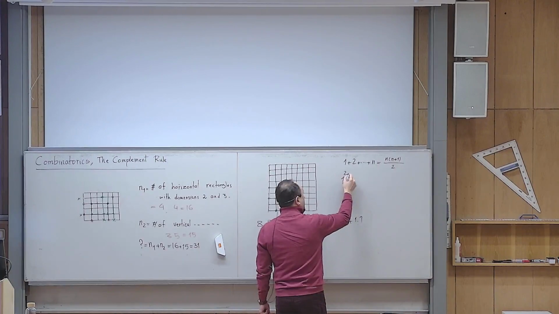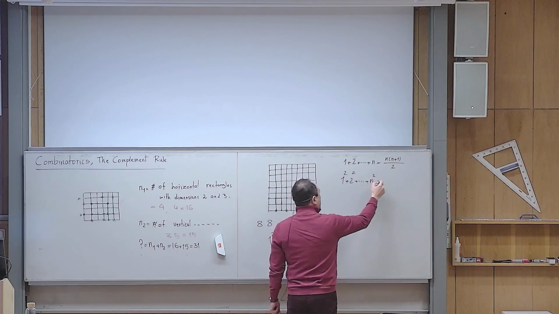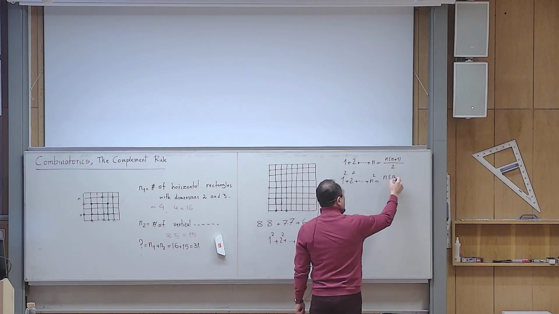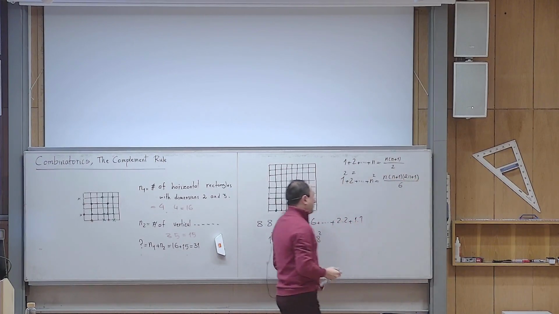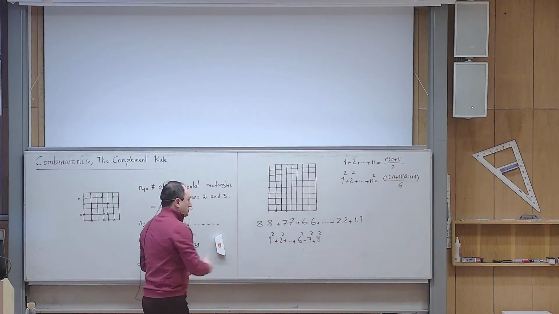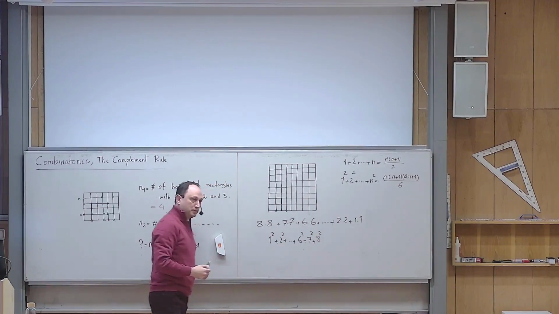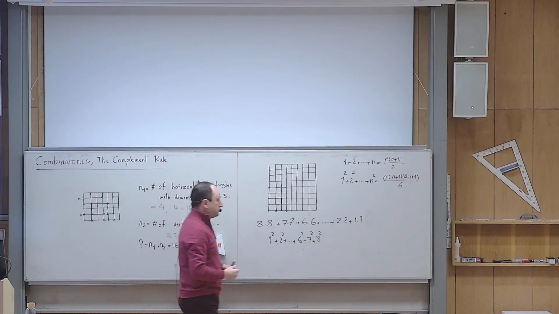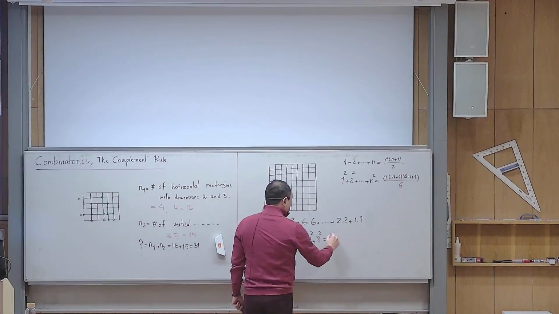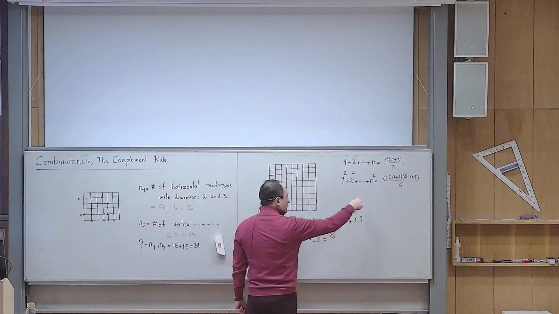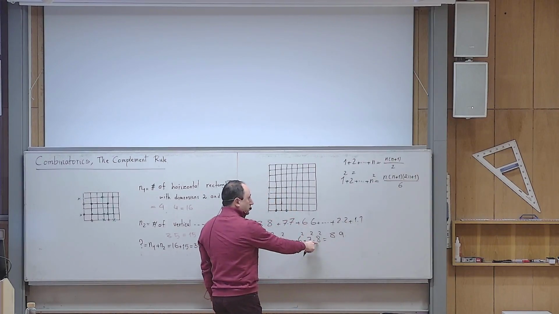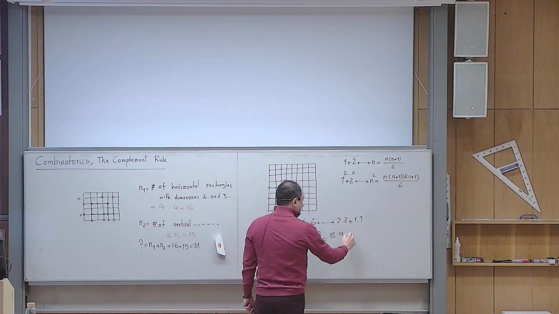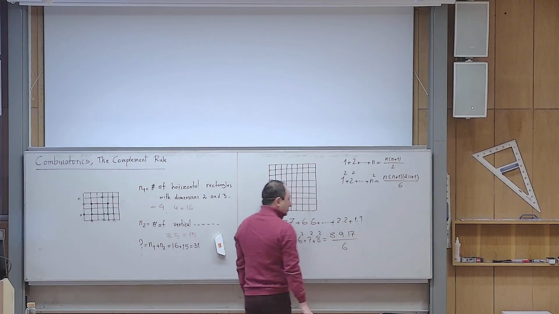For the mathematical induction part, I am sure that I also solved this problem for you, that we prove this is equal to n times n plus 1 times 2n plus 1 divided by 6. Of course, for this case, it is not that hard. You can just calculate these numbers and add them up. But here, let us use the formula. So this becomes 8, because n in this case is 8, times the next number, which is 9, times 8 times 2 plus 1, which is 17, and then divided by 6.